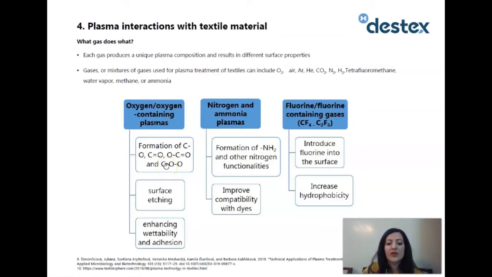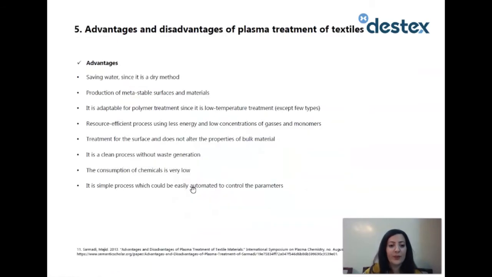Of course, each gas has its own function and introduces a new function to the treated textiles. For example, oxygen can have a surface etching effect, and nitrogen and ammonia can improve the compatibility with dyes and so on. So we choose the gas carefully according to the required functionalities at the end.